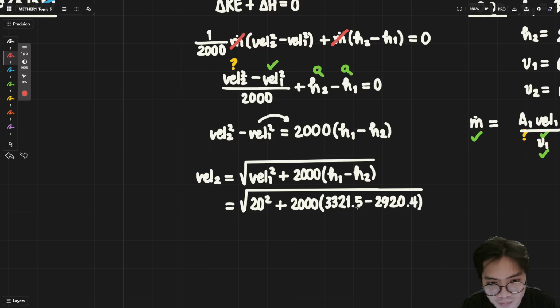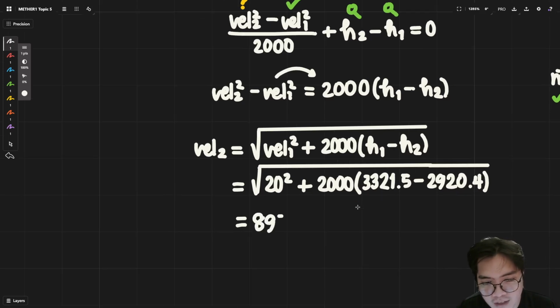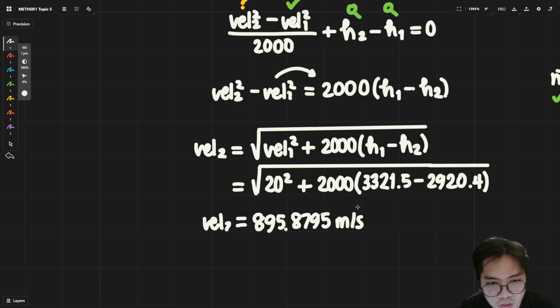You can do that by yourself, but in here, we already know that the units should be in meters per second. So I'll put this into the calculator. We will get 3321.5 minus 2920.4, and we will get 895.8795 meters per second. So this is your V2.